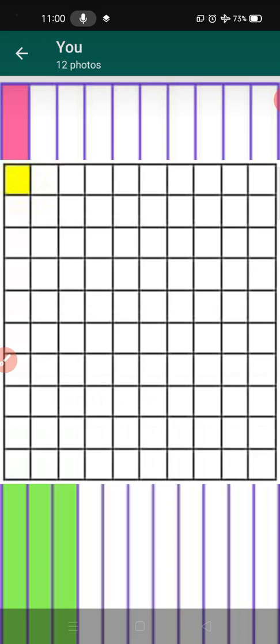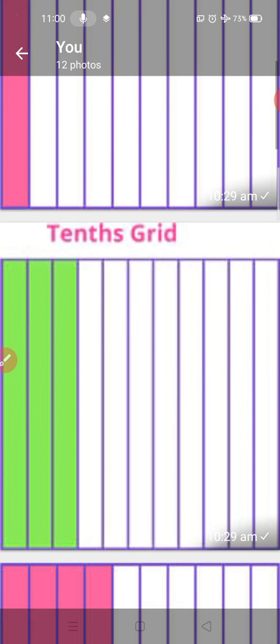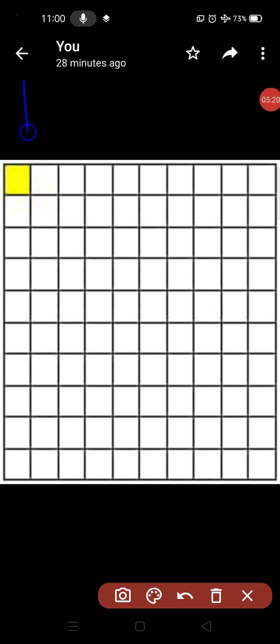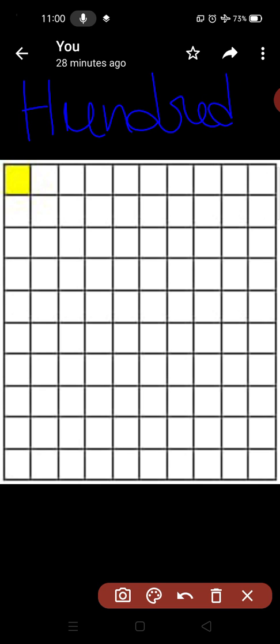Look at this grid. This is the hundredths grid. H U N D R E D T H S. Hundredths means 1 by 100, 1 out of 100.